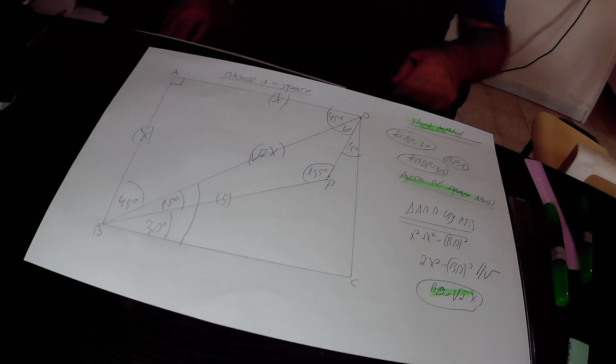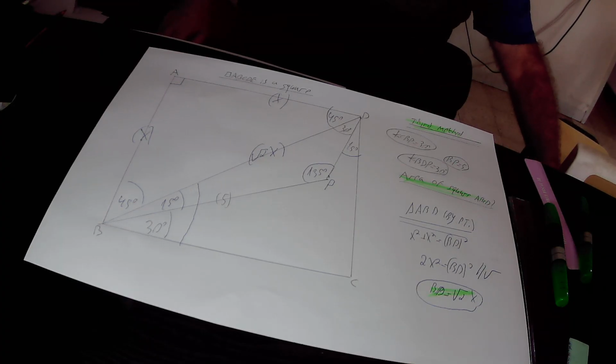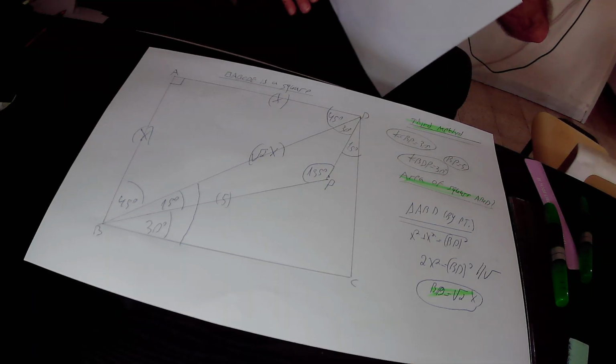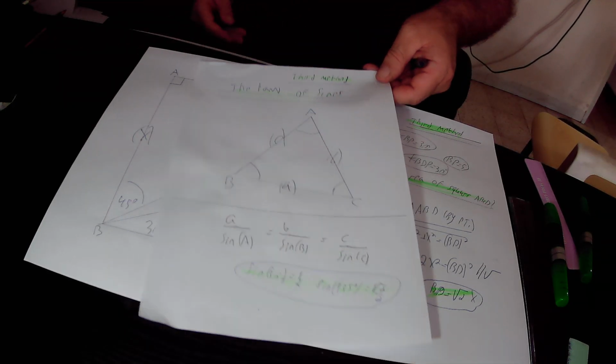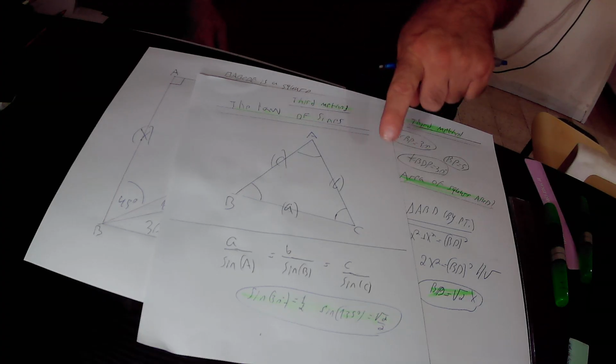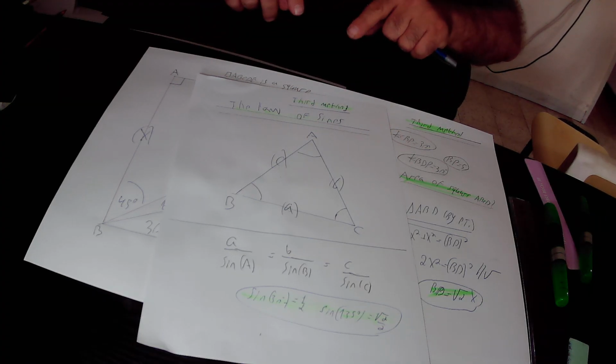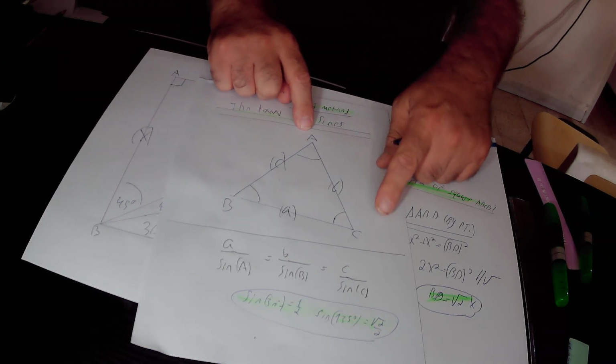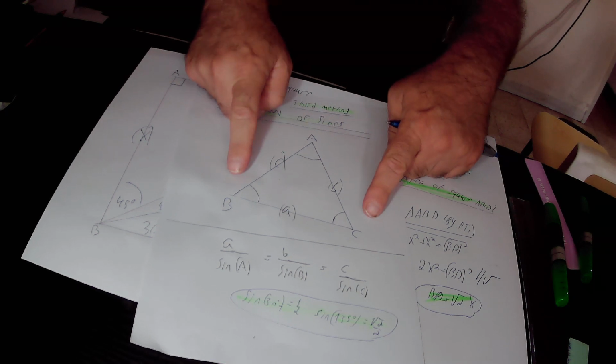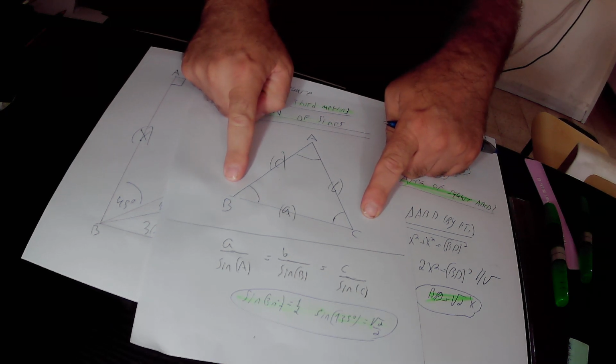the law of sines is drawn in a triangle. This is a triangle ABC that could be any triangle. AB equals c units, AC equals b units, BC equals a units.